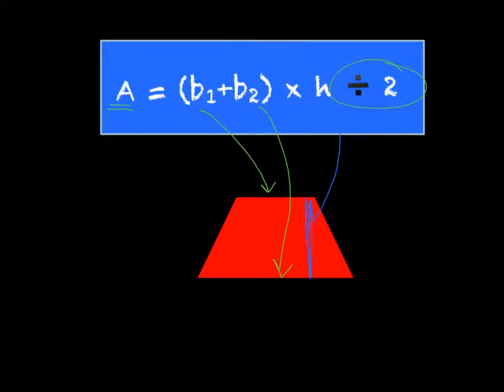The two bases added together give me the one full base of the imaginary parallelogram, and they're both in my trapezoid, so I don't actually have to draw in or even picture that parallelogram as long as I pay attention to both the bases and I add them together. Then I multiply by the height, which is always going to be the width between my two bases, and I always have to remember to divide by 2, because basically what I'm finding is the area of a parallelogram, and then I need to cut it in half, because half a parallelogram works out to be a trapezoid.